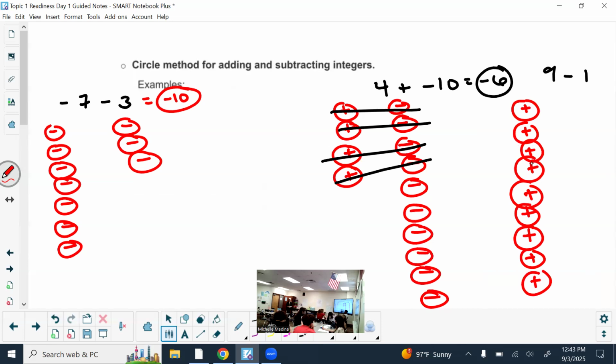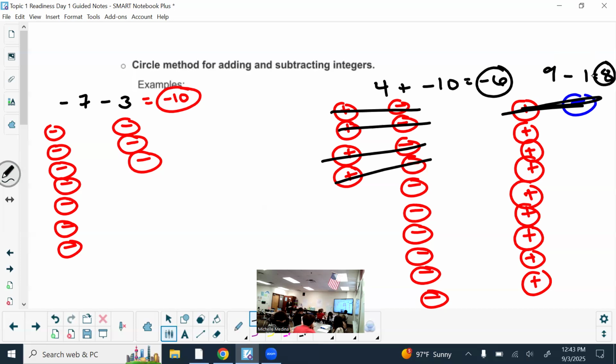And then what's the sign in front of this one? 1. Negative. So that would be 1 negative bubble. These cancel out. What am I left with? 8 positive bubbles. My answer is 8.